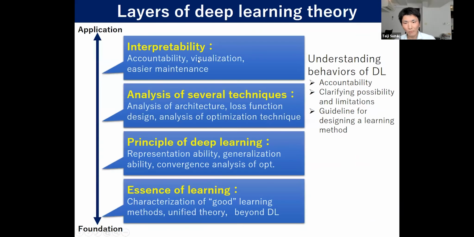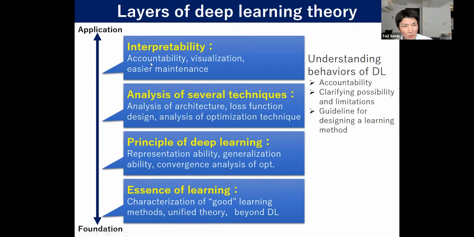Also, deep learning theory could be divided into several levels, from application to foundations. On the most application side, there is interpretability. At this level, we give some explainability to the individual output for each instance. For example, in industry they have accountability, so they need to give an explanation about why some output comes from their product.